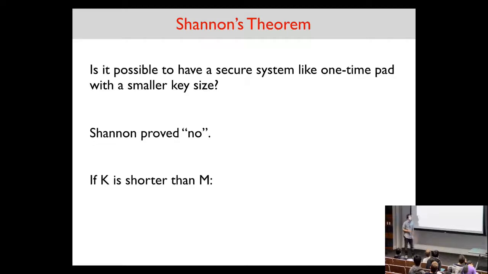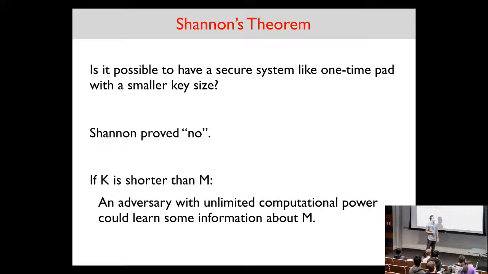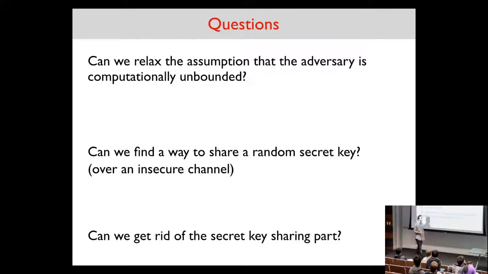And Shannon proved no. He showed that if K is shorter than M, an adversary with unlimited computational power could learn some information about M.